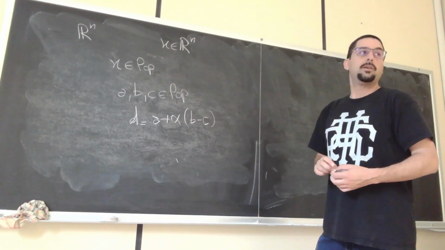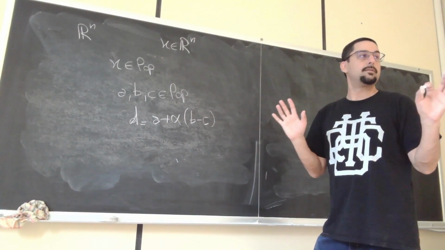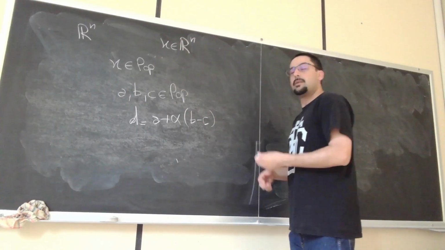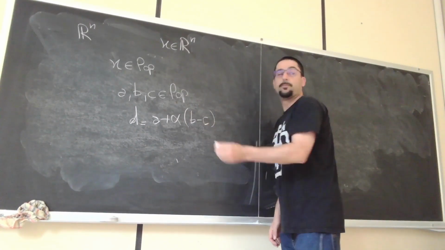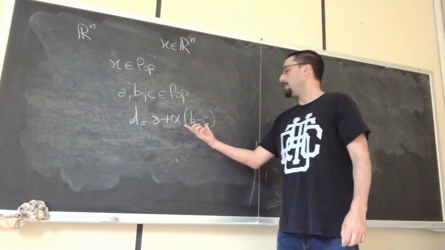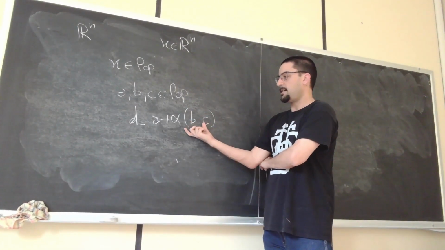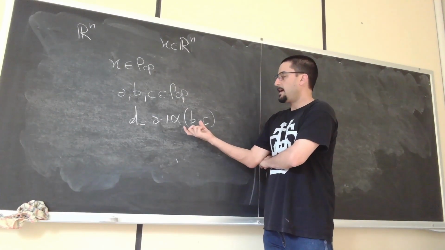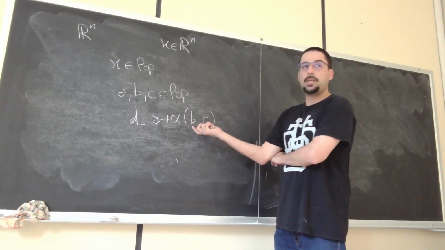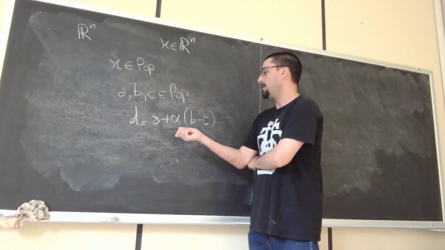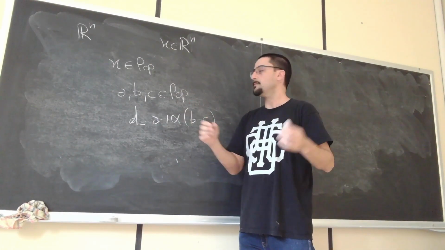So the idea is that if we have a population that is scattered a lot, it will be likely that B and C are far apart from each other. So here you will have something that is, let's say, a very high number. And what does it mean? It means that this mutation step basically will explore a lot inside the search space.